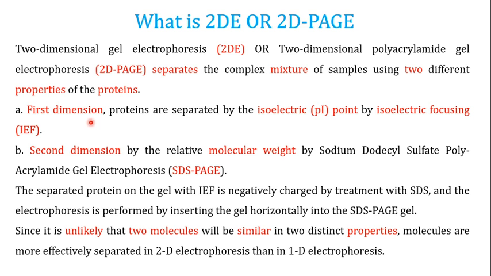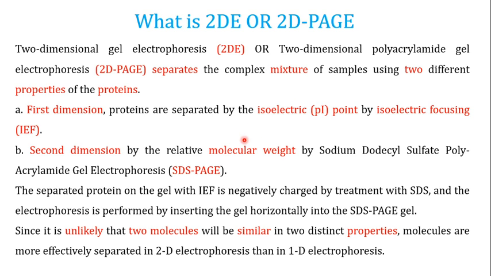When you talk about SDS-PAGE, this is actually the vertical dimension. So as you are using two dimensions, the horizontal and the vertical, this is another reason why it is called 2DE. So it is called 2DE because of two things: it has a horizontal and a vertical dimension, and it is separating the proteins based on two different properties.